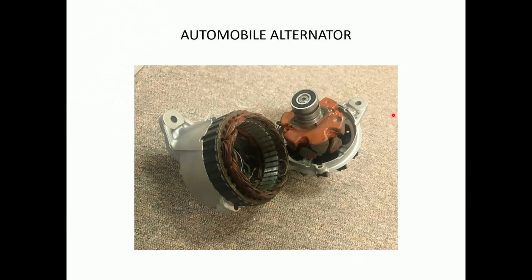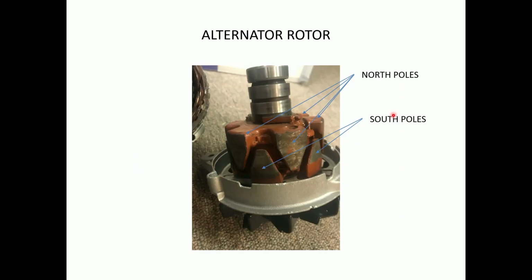Here's the stator and the rotor, and inside here are windings, around and around and around. They get their power through these two slip rings right here. This is a bearing, but these two are slip rings, and there are carbon brushes that rub up against them, providing a plus and a minus direct current.